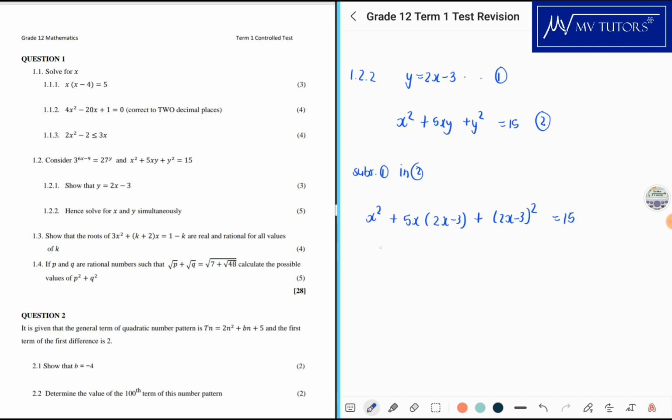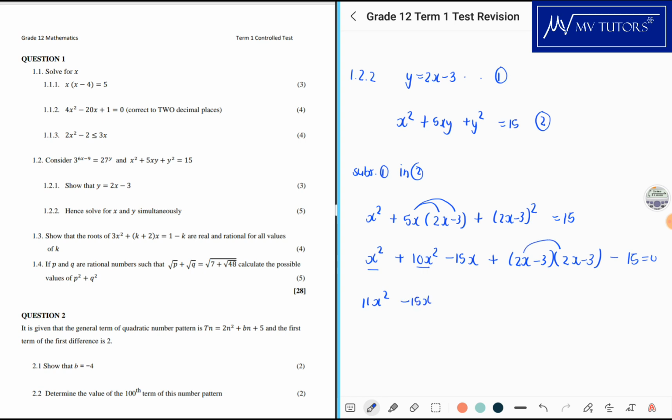So let me go ahead and simplify. I have x squared, and if I multiply these two, I'm going to have 10x squared, and these two, I'm going to get minus 15x. And then I'm going to square these. Let's take the 15 to the other side. So I already have x squared and 10x squared, so 11x squared minus 15x.